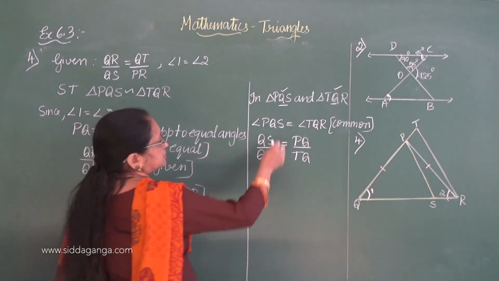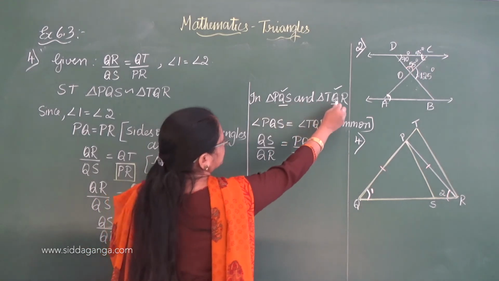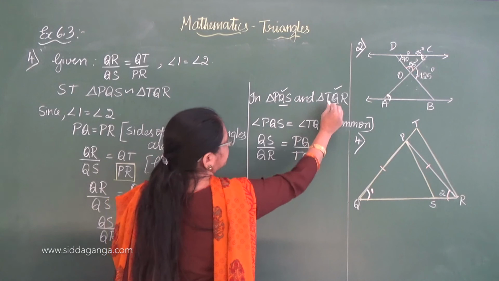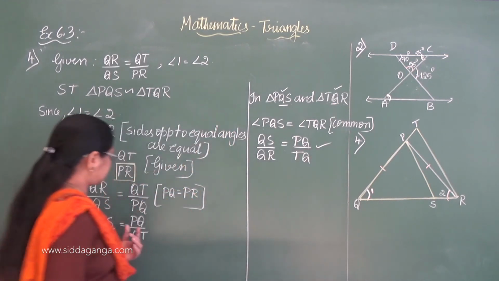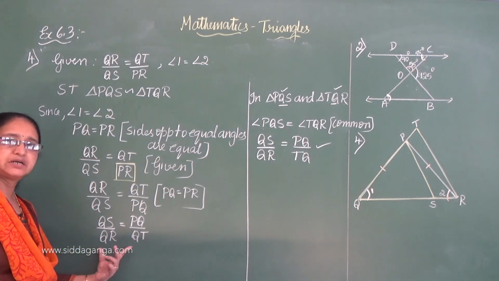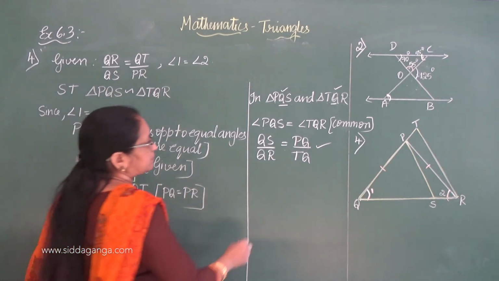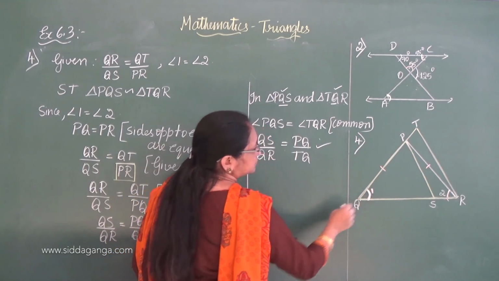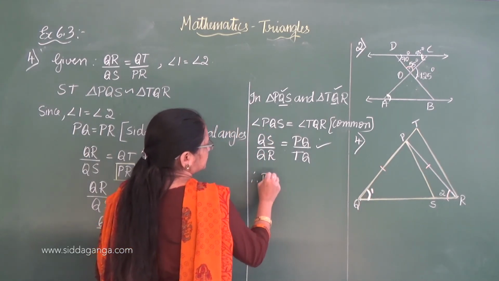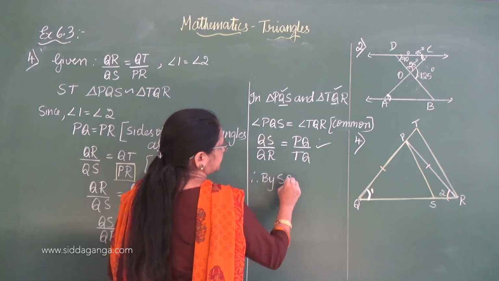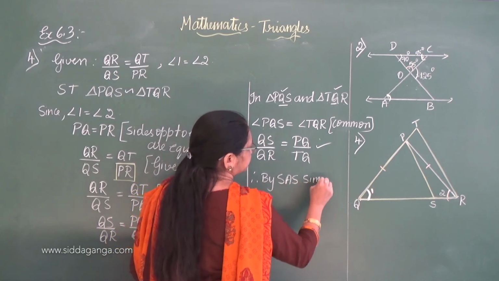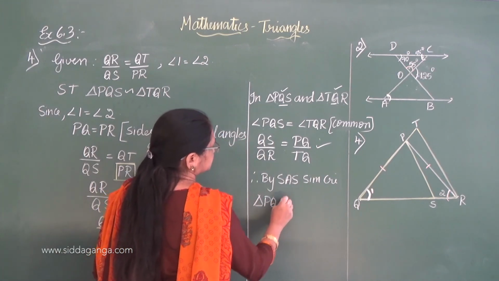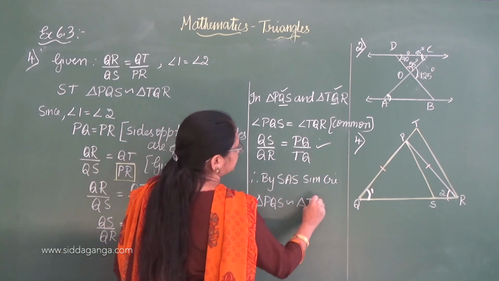Next, QS by QR is equal to PQ by TQ. This we have already proved here, correct? So Q is the included angle here, therefore by SAS similarity criteria, triangle PQS is similar to triangle TQR.